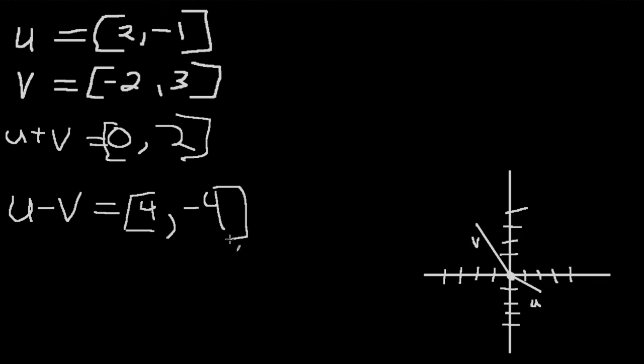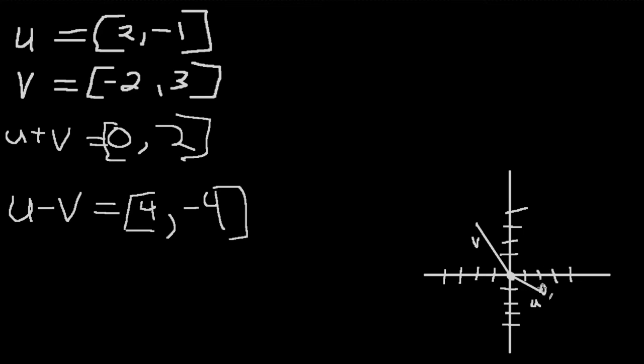And what happens here is you start from the point of the one you minus from second to draw the line. So you start from the tip of the v in this case, then you go over 4 and minus 4. So it'd be 1, 2, 3, 4, and then minus 4, 1, 2, 3, 4.